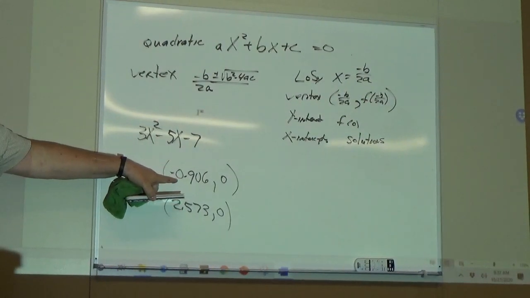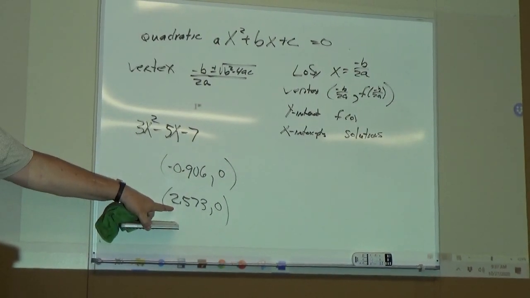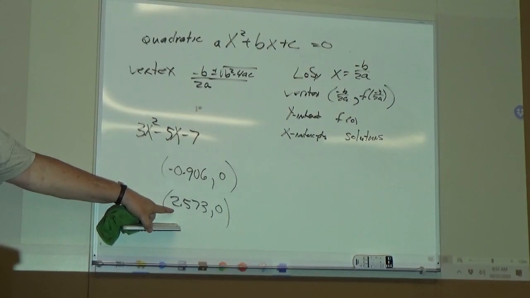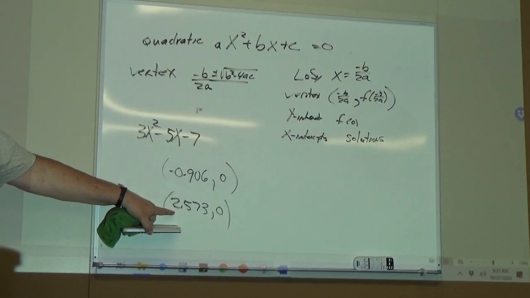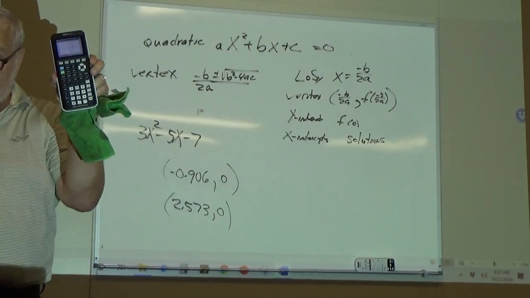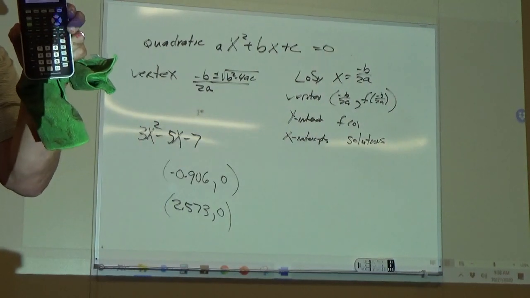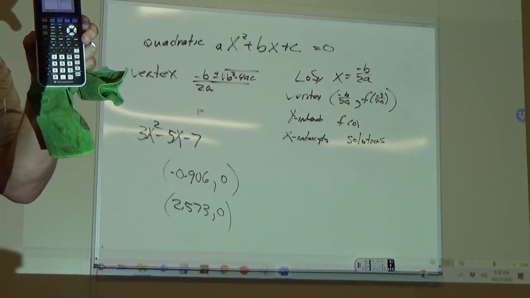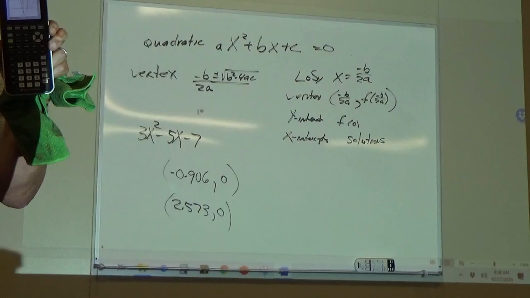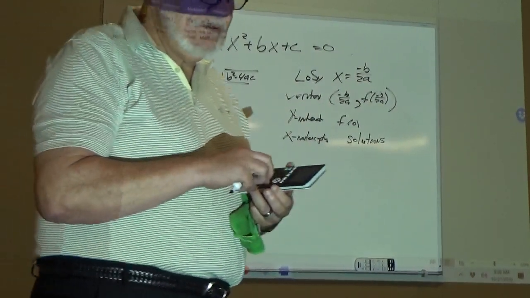So x equals negative 0.906 and x equals positive 2.573, because those are the values where the parabola crosses the x-axis, which is the point y equals 0. Okay, so that is one of the skills that you're allowed to do.